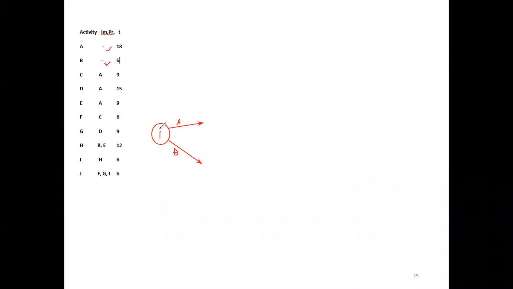So for the beginning, the starting event, we call that the first event. A and B start. Now don't finish yet. Only draw the activity diagram. A and B activities are drawn only.